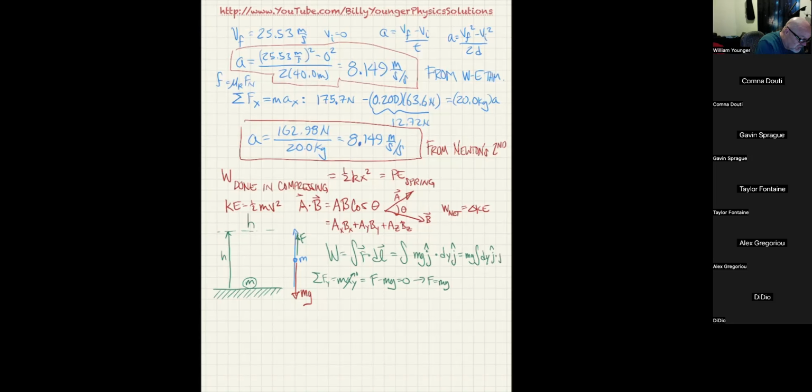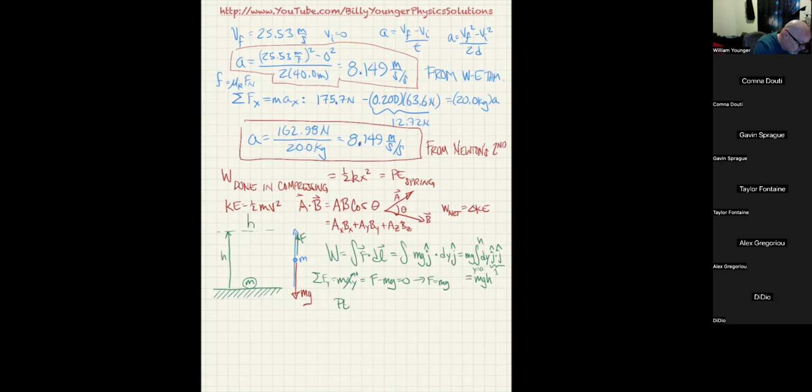So that just becomes j hat dot j hat, which, using our definition of the magnitude of a dot product above, you can see is 1 times the cosine of 0. So that's just 1. So ultimately, I get just plain m times g times h. And that's it. It's called the potential energy.